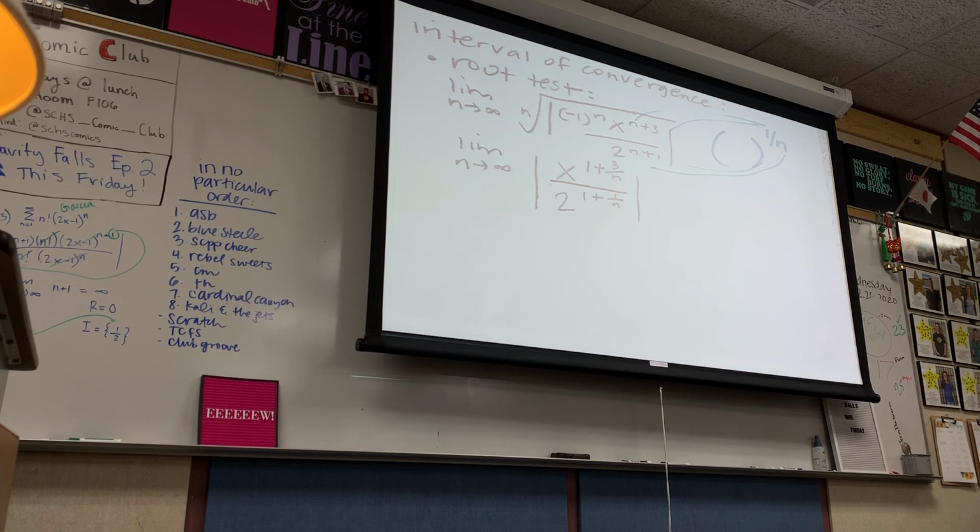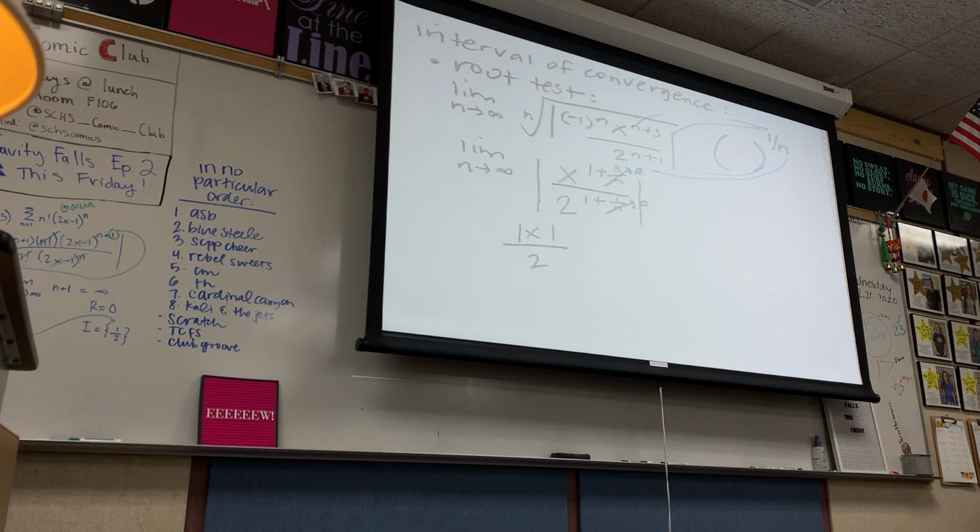As n gets larger and larger, 3/n and 1/n, what numbers do they go to? Yep. So that goes to 0, that goes to 0. So you're left with the absolute value of x over 2. And everyone, we set this what?